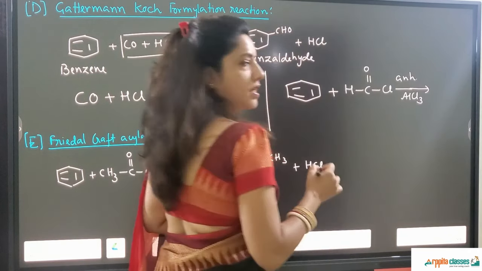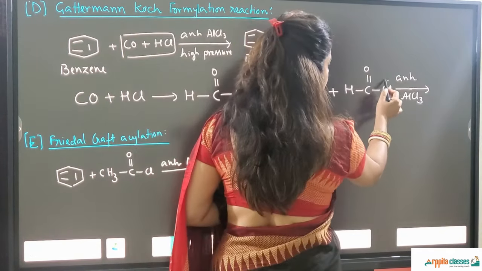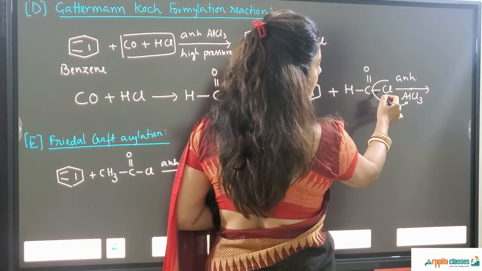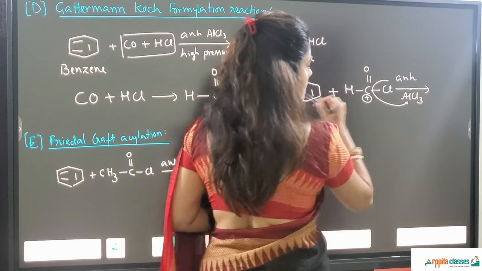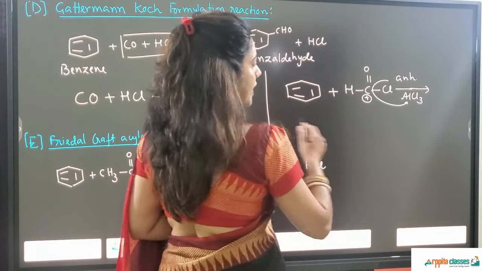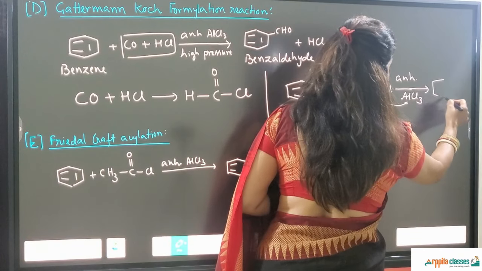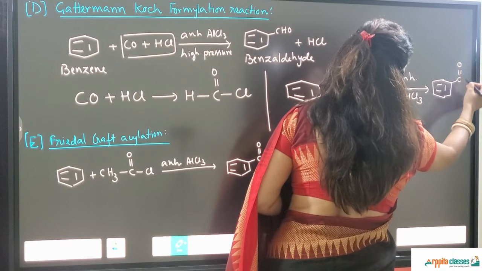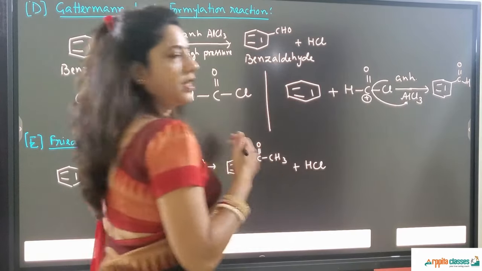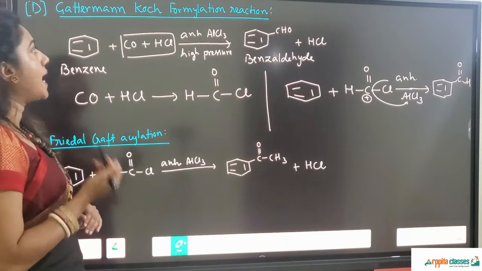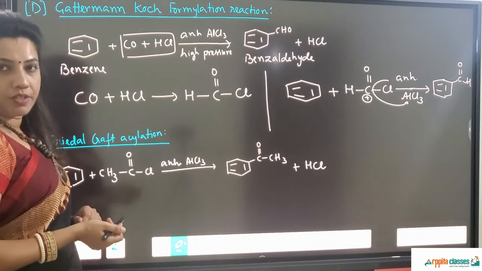It's a Lewis acid, so it will abstract this chlorine along with the two electrons. So this will be plus. The electrophile is generated this way, and then this electrophile will get attached to the benzene ring, and you get the CHO group attached to the benzene ring like this. So this is the overall reaction, and you can show it in one step. This is called the Gattermann-Koch formylation reaction.